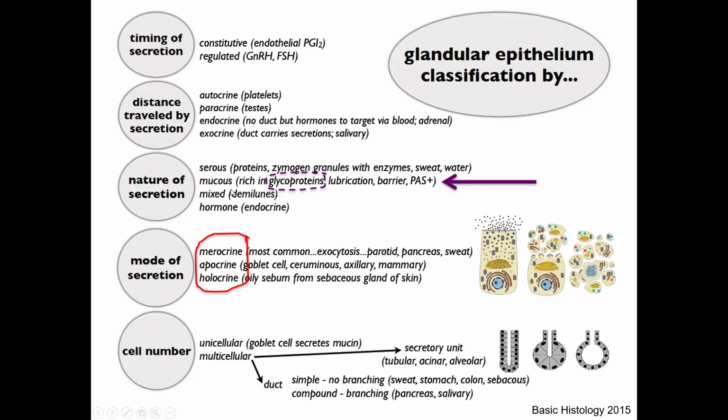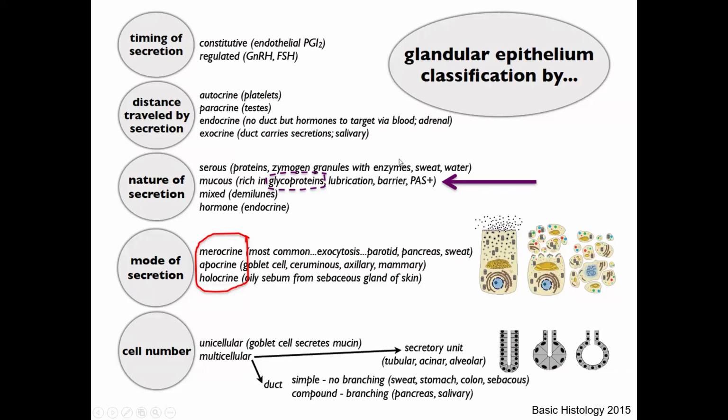The mucous secretion is rich in glycoproteins. The goblet cells produce and secrete a mucus that is made of heavily glycosylated proteins, a sugar-rich secretion that is stainable with periodic acid Schiff stain. There is mixed secretion by mixed acini.